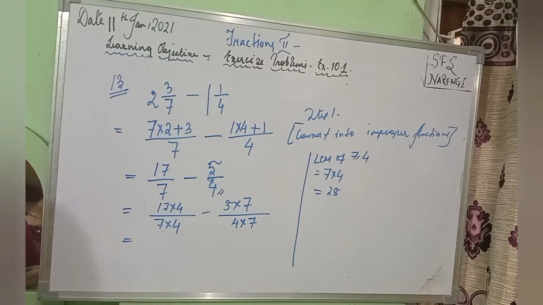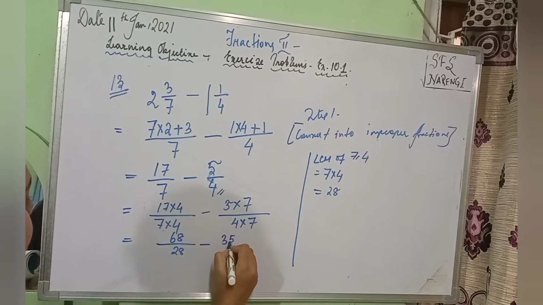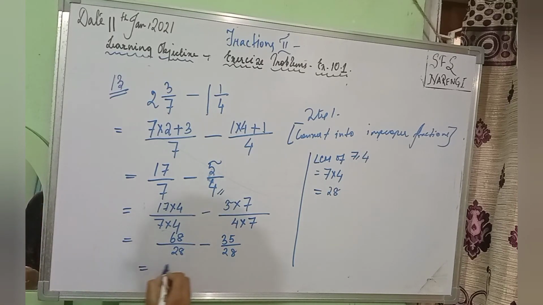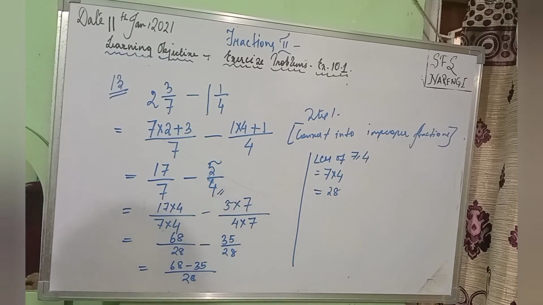So what do I get after multiplication? 17 multiplied by 4 would be 68. And on this side, I'll have 35 by 28. So this will be equal to 68 minus 35 divided by 28. You know why? Because they are like fractions.